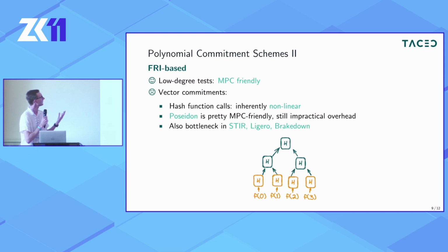However, the situation is not as nice for FRI-based commitment schemes, where the actual low-degree tests are very MPC-friendly. However, the big bottleneck is the vector commitments. So you commit to evaluations of some polynomial over a very large domain, essentially, and then the hash function calls themselves are the cost, because since the values are secret, you have to evaluate the hash function in the MPC protocol.